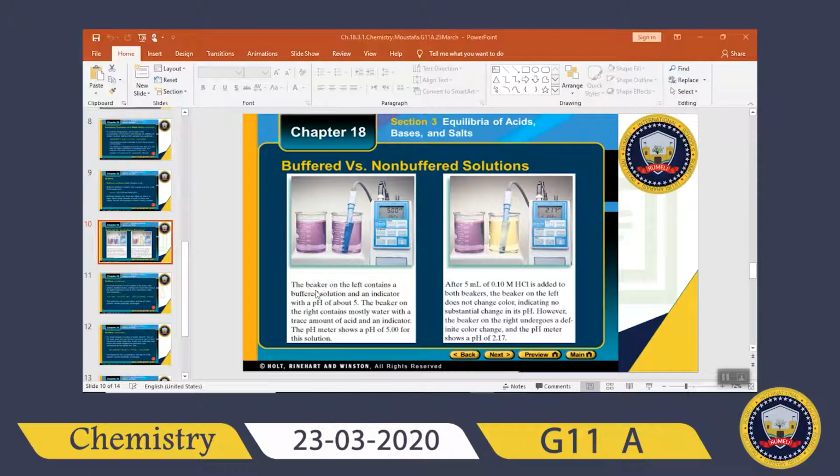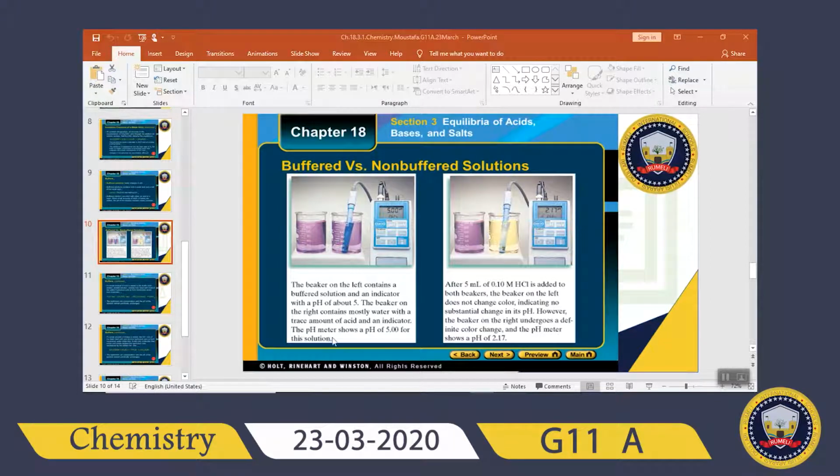Here the beaker on the left side contains a buffered solution and an indicator with a pH of about 5. The beaker on the right side contains mostly water with a trace amount of acids and an indicator also.